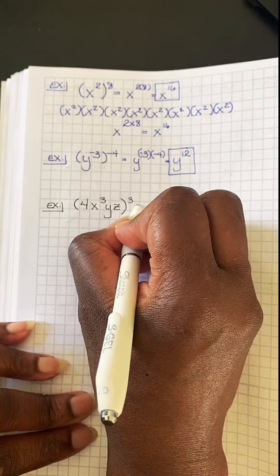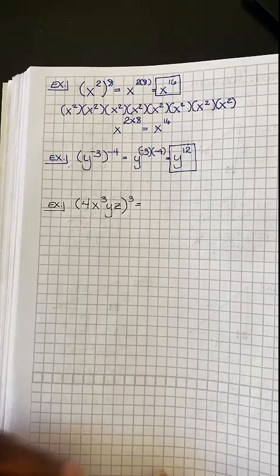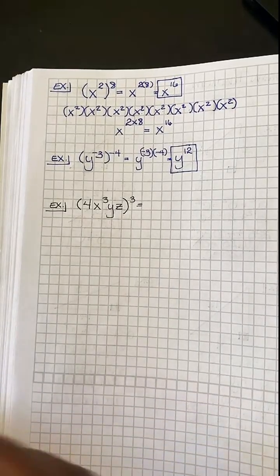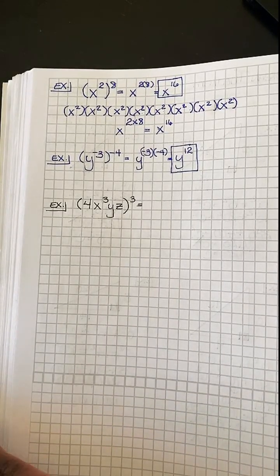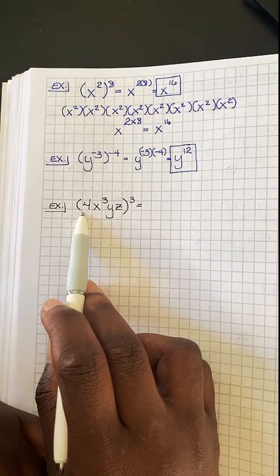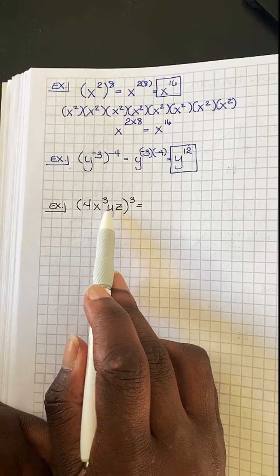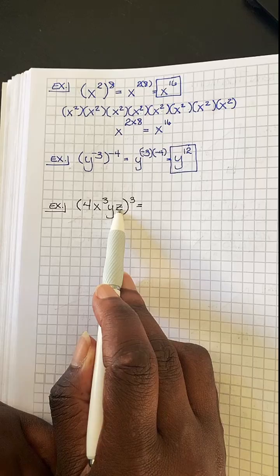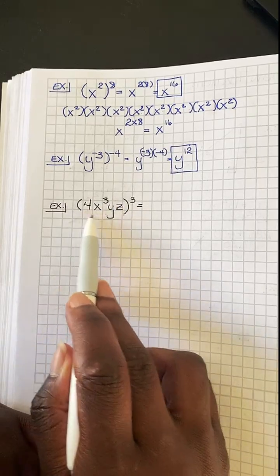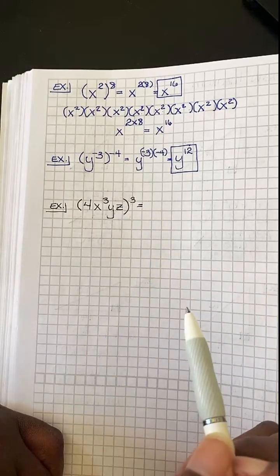And you're like, say what? In this case, this is called the power of a product, because what's happening inside the parentheses is nothing but multiplication. You've got 4 times x cubed times y times z, but everything inside the parenthesis is being raised to the 3rd power.